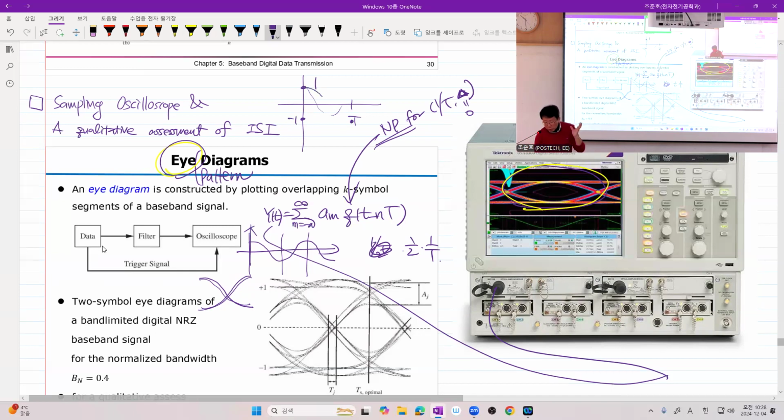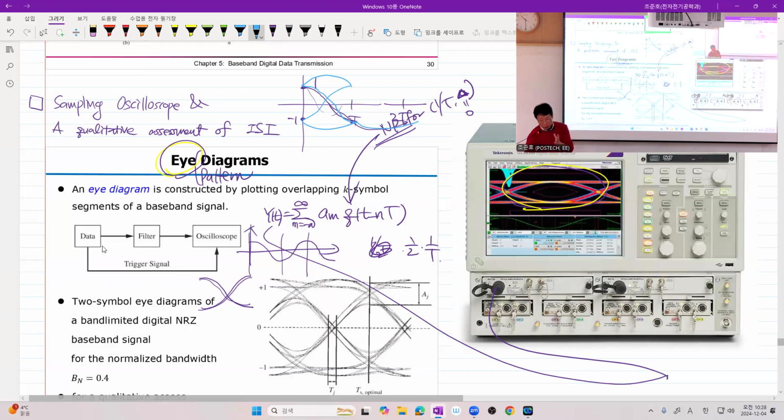So the signal moves from here to there, right? And in the next time period 2T, if the next symbol is -1, then it will evolve this way. And now what you do is that you take this part and that part, and the next part is overlapped, and something like this.